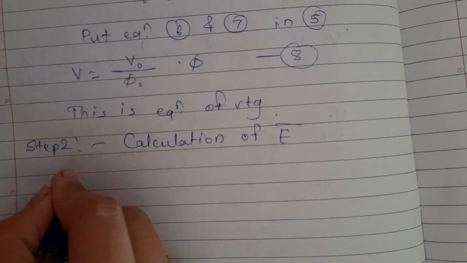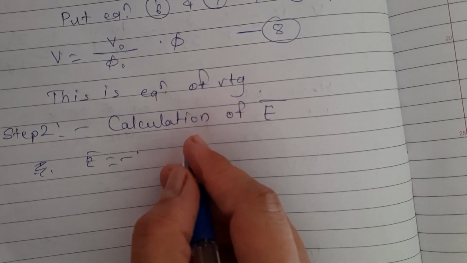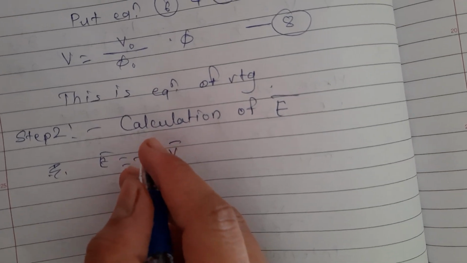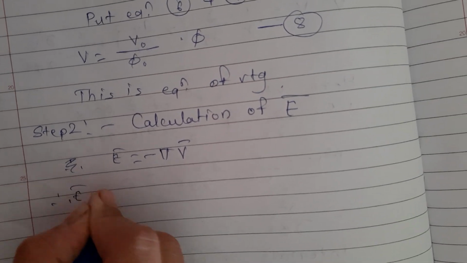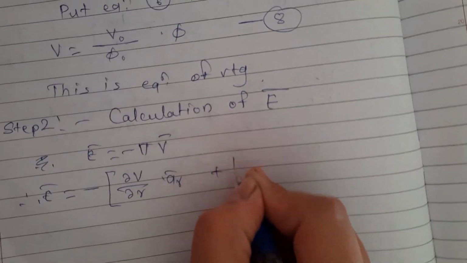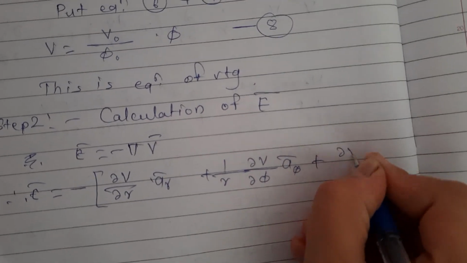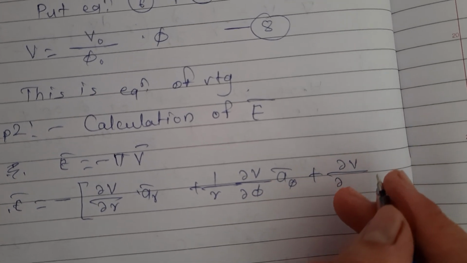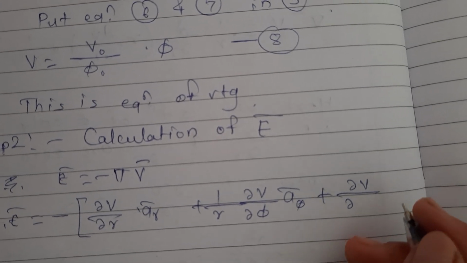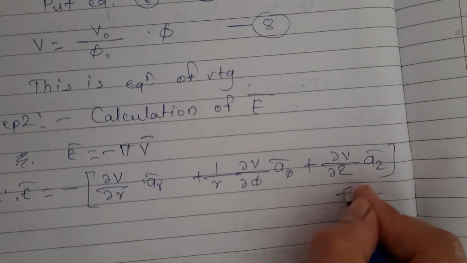So we have E bar is equal to minus del of V. So E bar is equal to minus of (dV by dr A r bar plus 1 by R dV by d phi A phi bar plus dV by dz A z bar) in the cylindrical coordinate system.